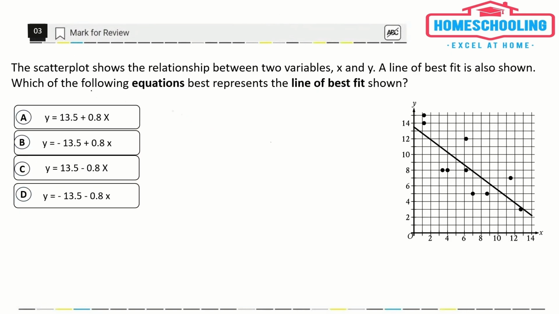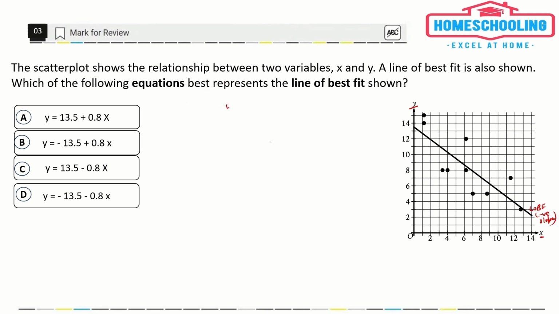Question number 3 says the scatter plot shows the relationship between two variables x and y. We have the x variable here and the y variable here. A line of best fit is shown, and it has a negative slope. Which of the following equations best represents the line of best fit?